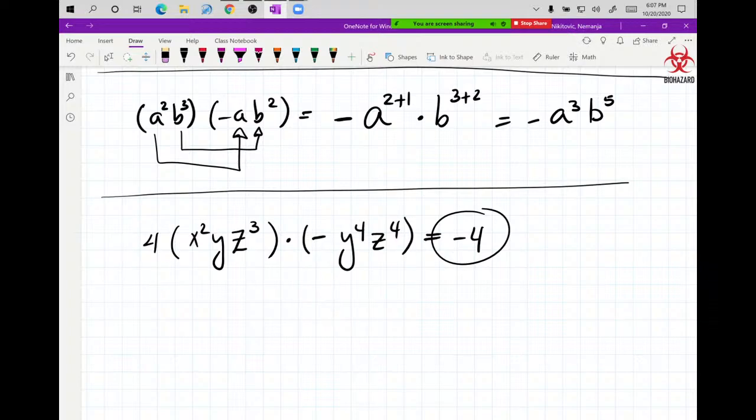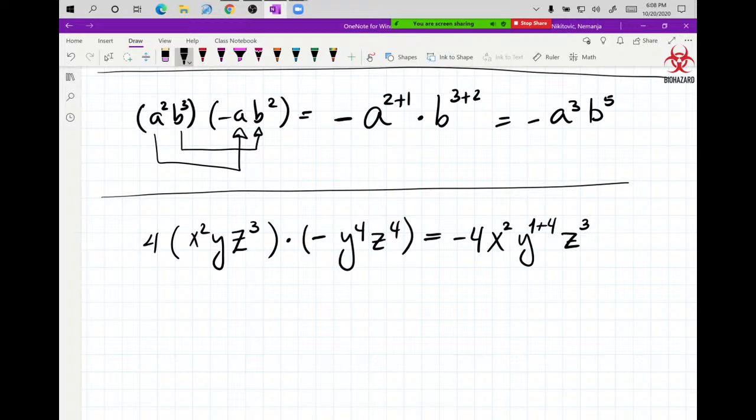And now we need to have our x, y, z with all of the exponents written on top. x has an exponent of 2. There are no other x's to add anything to it, so we just leave it as is. y, however, has 1 on the first and then plus 4 from the second.